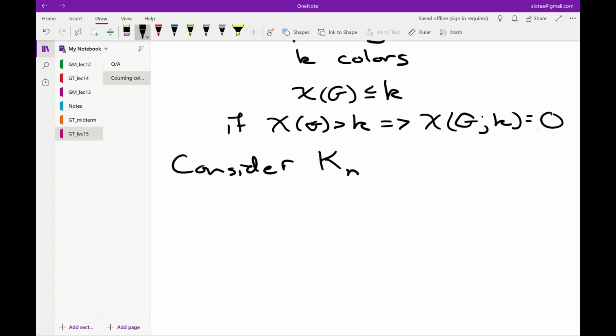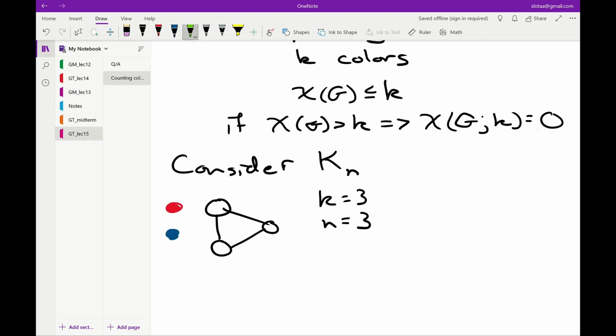Let's start out with a triangle, and let's say K equals 3, n equals 3. How many different ways can we color this triangle? We're going to consider a possible color set of 3 possible colors.